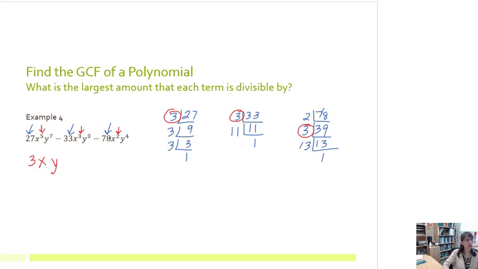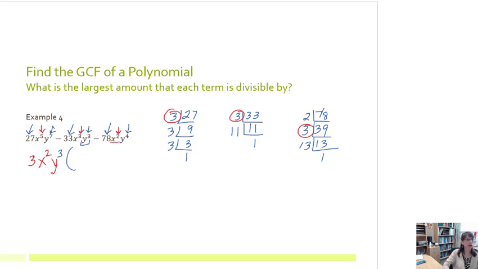So 5, 3, and 2. 2 is the lowest number, so that's the one guaranteed to be found in all terms. Next, we'll look at the bases of y. Here we have 7, 3, and 4. 3 is the lowest exponent, so that's the one guaranteed to be found in all terms.